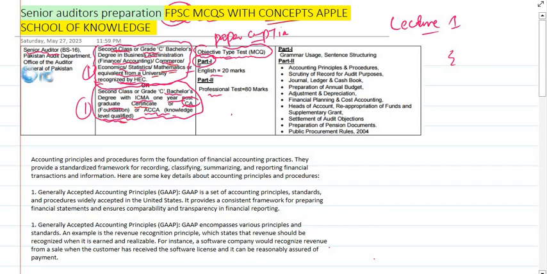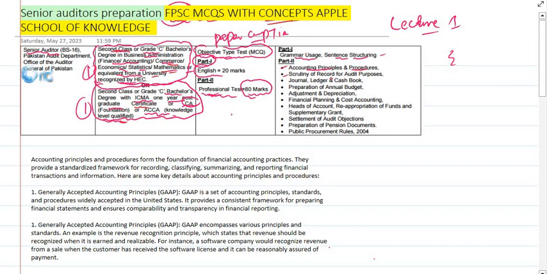In English you will be tested for grammar usage, sentence structuring, and so on. While part B consists of 80 marks, the 80 marks are allocated to the professional test, which will be your subject.